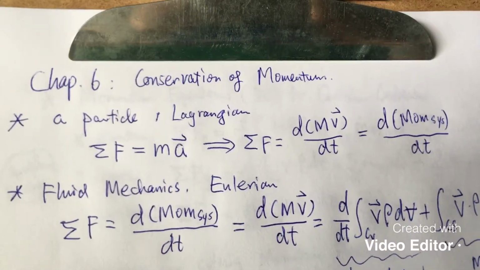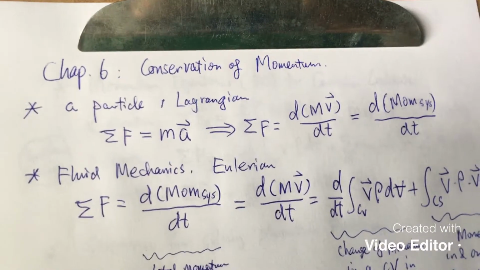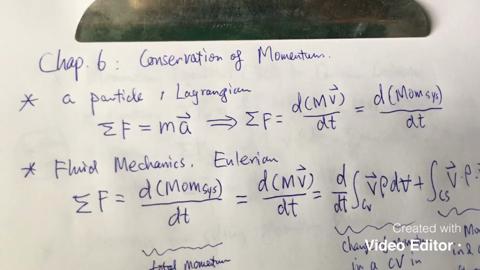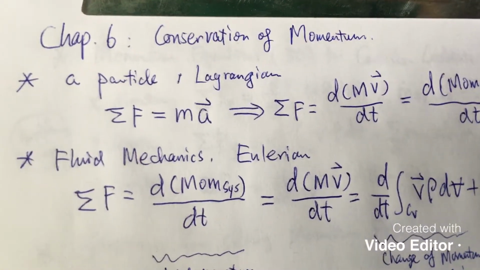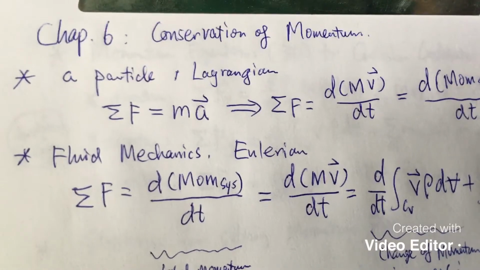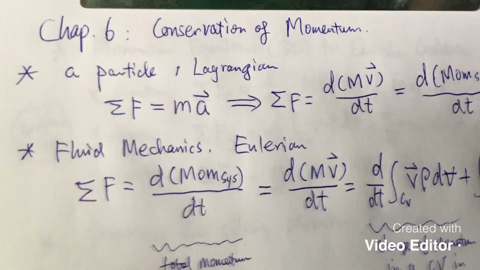Remember, F equals ma, right? That's Newton's second law, for a particle in a Lagrangian system, solid mechanics. So the summation of F equals ma, the combination of the overall force equals mass times acceleration.